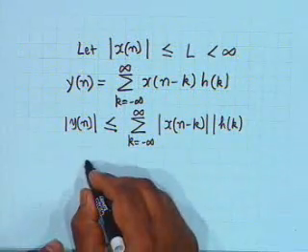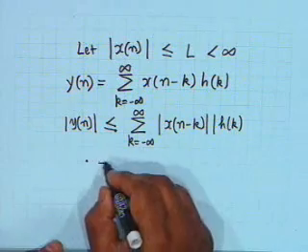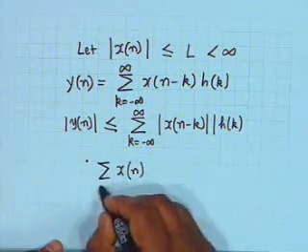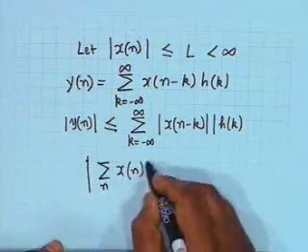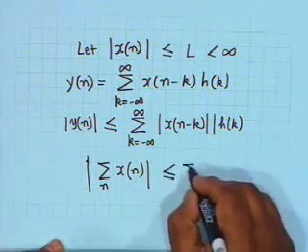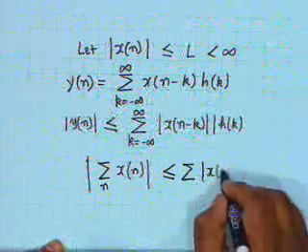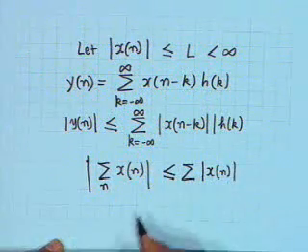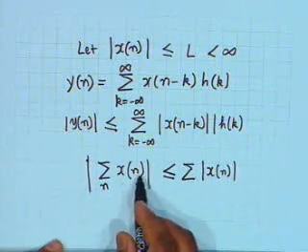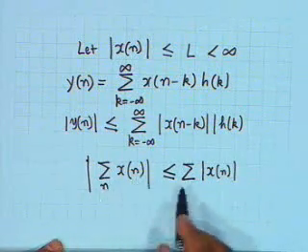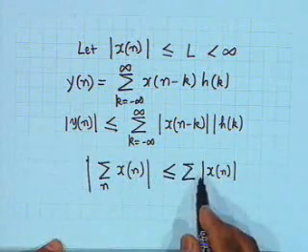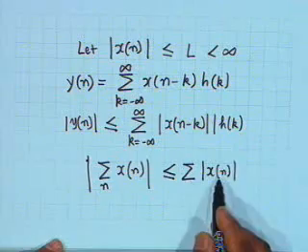If summation x of n over n, mod of this shall be less than or equal to summation mod of x of n. Is that clear? Because x of n could be positive as well as negative, so the summation might decrease the value. Obviously this mod is less than or equal to the expression if the mod sign is taken inside.